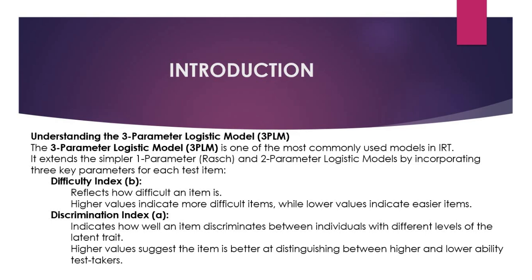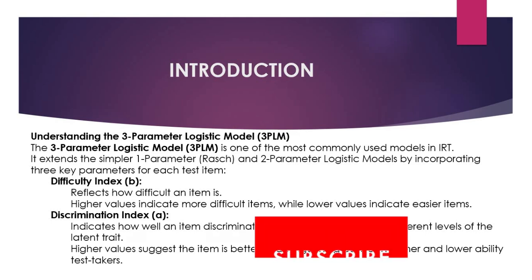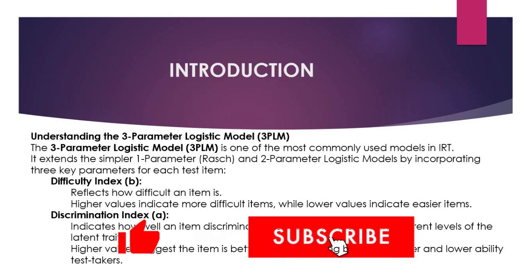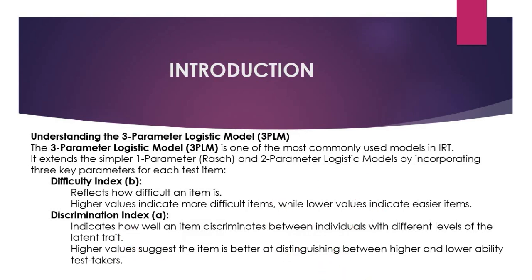The first is the difficulty index. This reflects how difficult an item is, which means that when a value is very high, the item is difficult, while when the value is very low, it indicates that the item is easy.